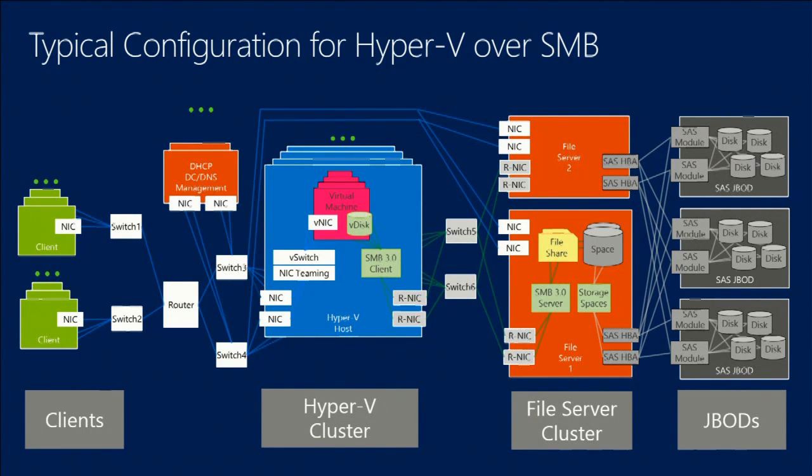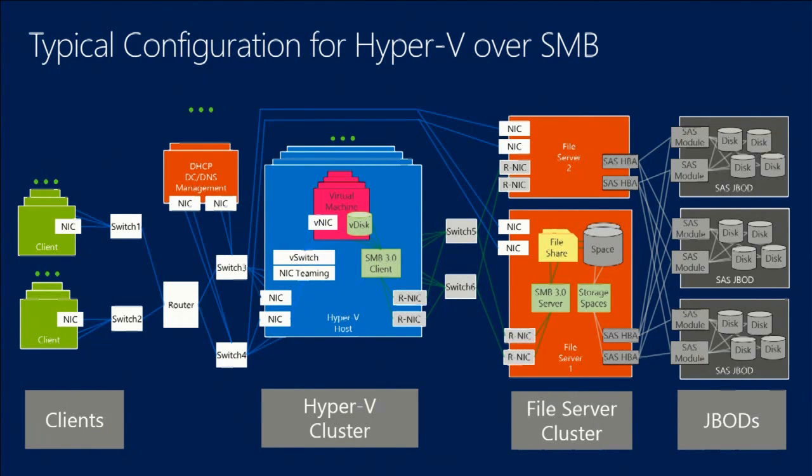So in order to have fault tolerance on the file server cluster, you have to have at least 2 nodes. And in order to have fault tolerance on the networking side, you have to have 2 NICs, preferably with 2 switches. So you can actually fail a switch as well as the NIC, right?